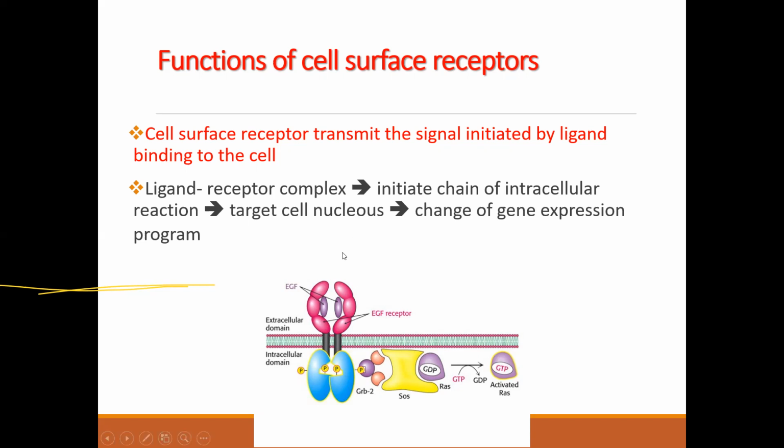The reaction occurs in the cytoplasm and sometimes in the nucleus. And this complex, I mean the ligand and receptor complex or the intracellular signal, can change the gene expression program in the target cell.